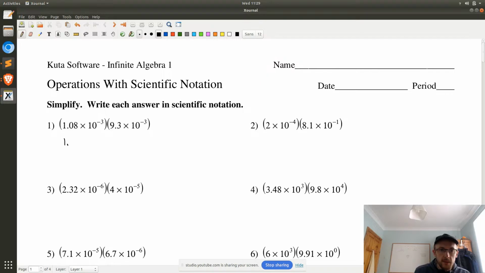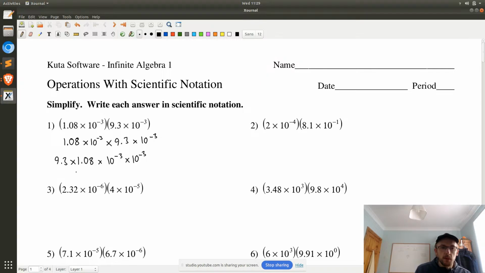So really, this is 1.08 times that times 9.3 times that. And then we can move everything to the front, the 9.3 and the 1.08. And move the 10 to the minus 3 and 10 to the minus 3 to the back. Just like that.